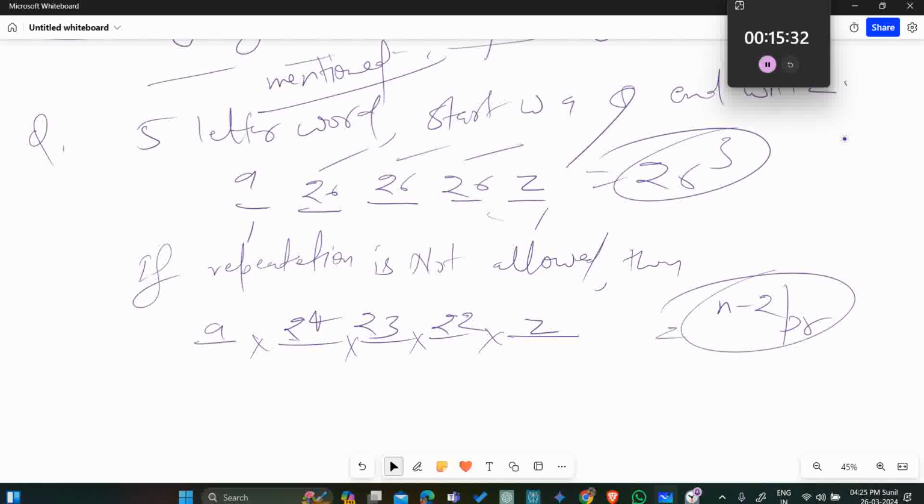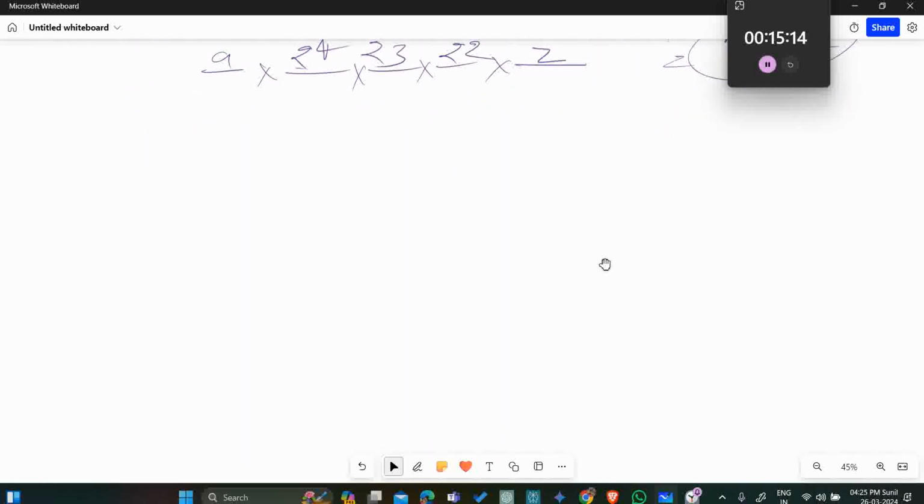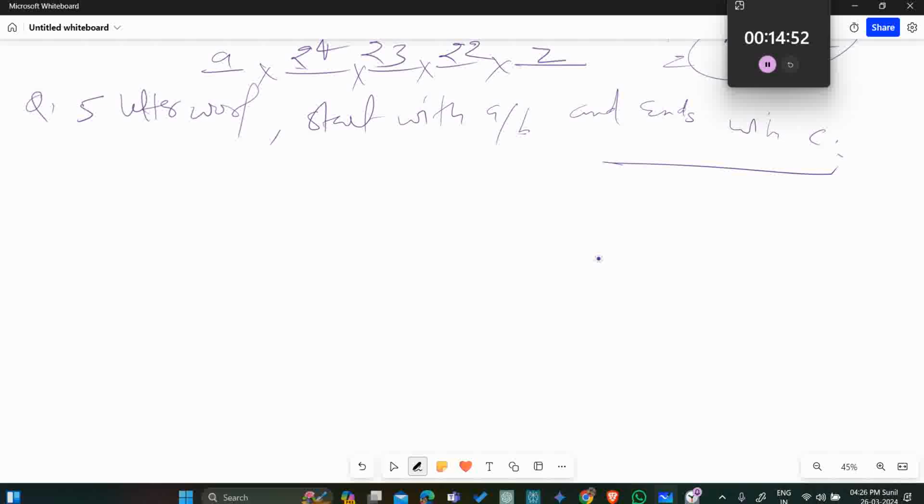Next question is a 5-letter word. Let us start with A or B and end with C only, and repetition is allowed.